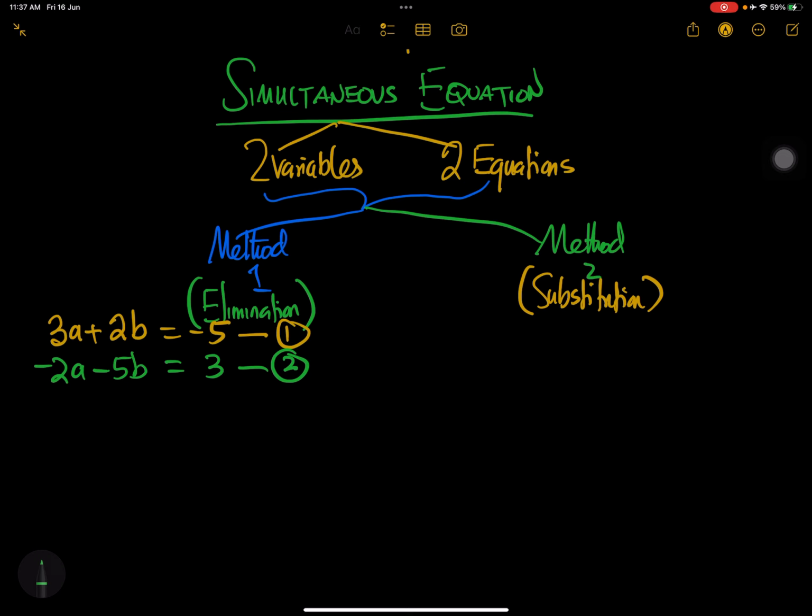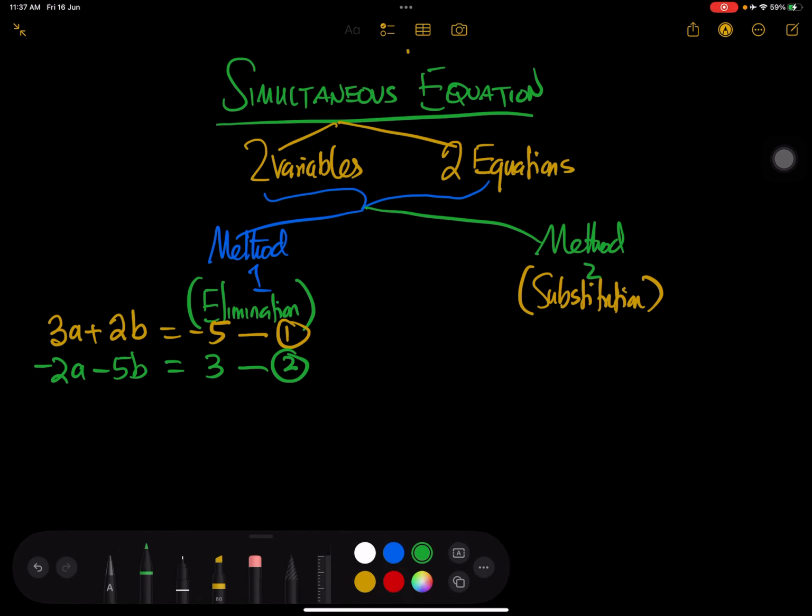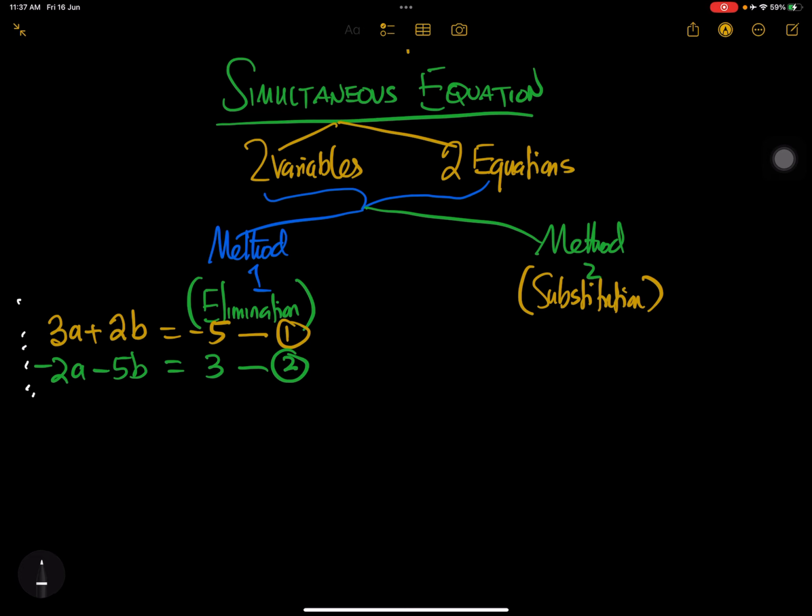Now, the elimination method is saying that when we take this first column, we want to make this number the same as whatever is here. So we can decide that we want to make this number equal to whatever number is here. And how are we going to do that? We can see that if we multiply equation 1 by negative 2, we are going to get this side to be maybe negative 6.